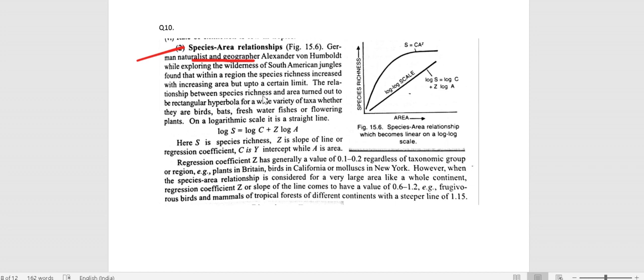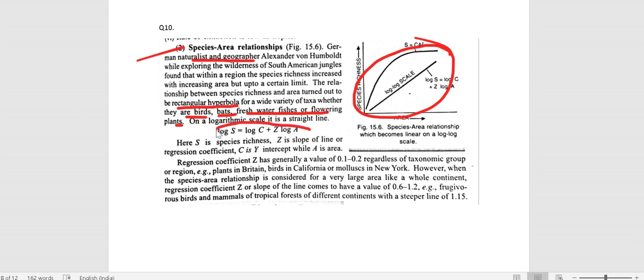The relationship between species richness and area turned out to be a rectangular hyperbola. You can see that rectangular hyperbola for a wide variety of taxa, whether they are birds, bats, freshwater fishes, or flowering plants. And on a logarithmic scale, it is a straight line.